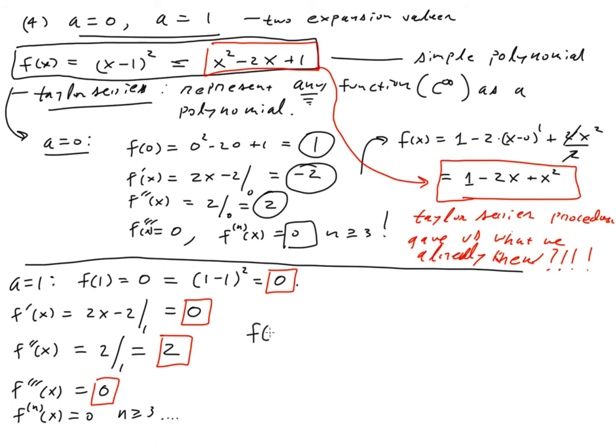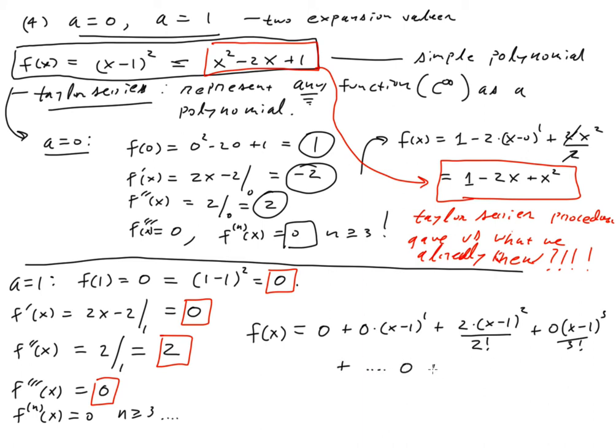So now my Taylor series, I can write it as 0 plus 0 times x minus 1 to the first power plus 2 times x minus 1 to the second power all over 2 factorial plus 0 times x minus 1 to the third power all over 3 factorial.